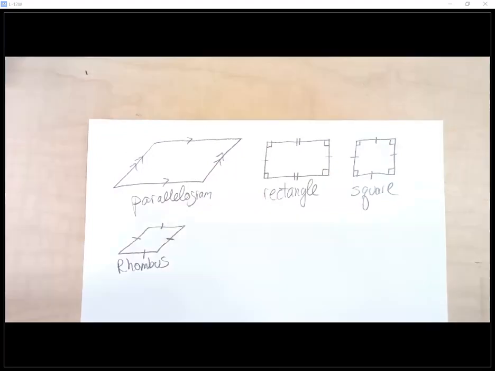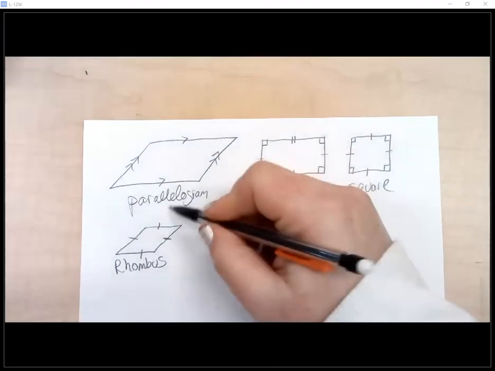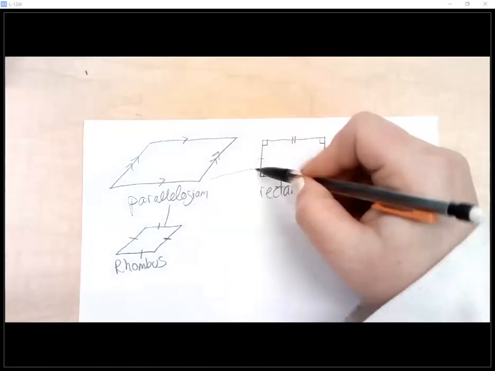All 4 sides have to be marked the same. It is still a type of parallelogram. It will still have both pairs of opposite sides parallel. But they also all happen to be all 4 the same. So all of these are types of parallelograms, right? So these are all like parallelograms' little children.